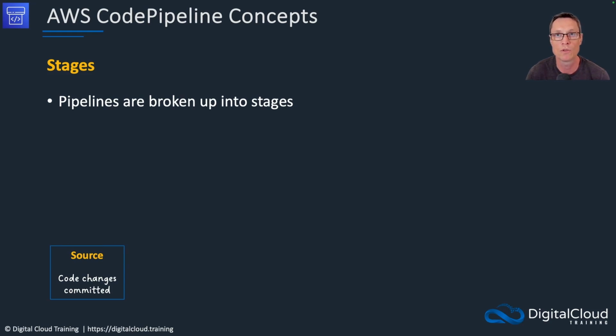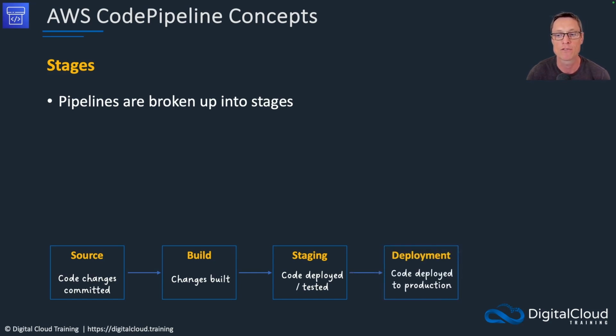For example, source, that is our source code repository where our code changes are committed. Then we have build, where our changes are built. So that can mean, for example, compiling our code, and it can also mean running some tests on the code as well. Then we've got staging, so the code is deployed and tested in a staging environment, for example.